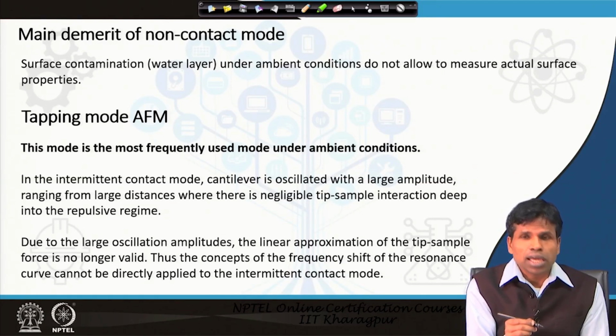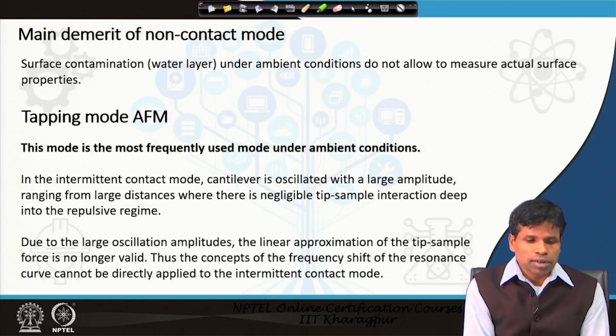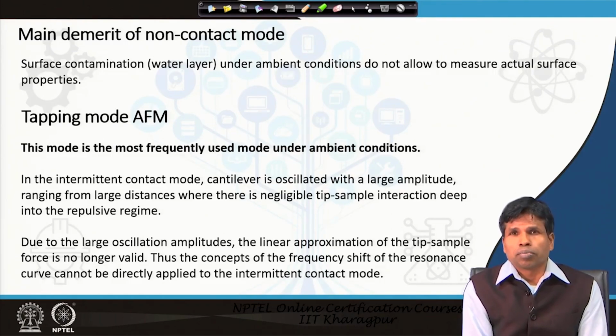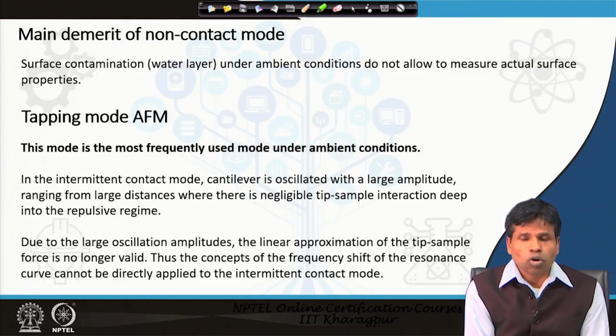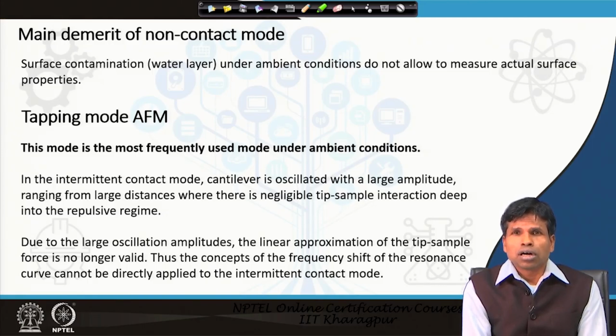So, then the third mode is called tapping mode AFM, or intermittent contact mode of AFM measurements, and this mode is most widely used under ambient conditions, because this mode takes the advantages of both contact and non-contact modes, but does not take on the disadvantages of the other two modes.